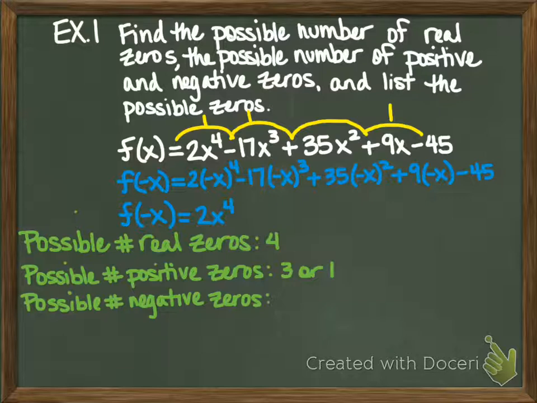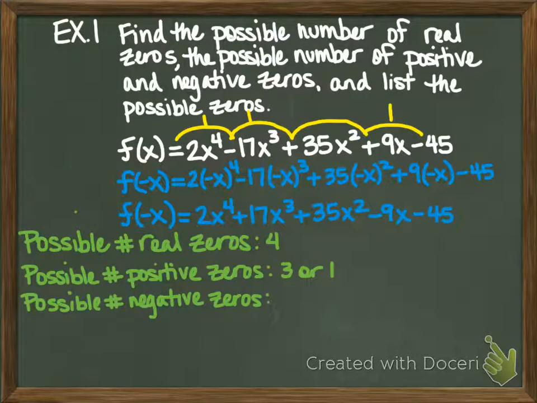Then when I have negative x to the 3rd, that's negative, times the negative that's already there is plus 17x to the 3rd. Then a negative x squared is positive times the positive that's already there, so plus 35x squared. 9 times negative x is going to be negative 9x, and then minus 45.